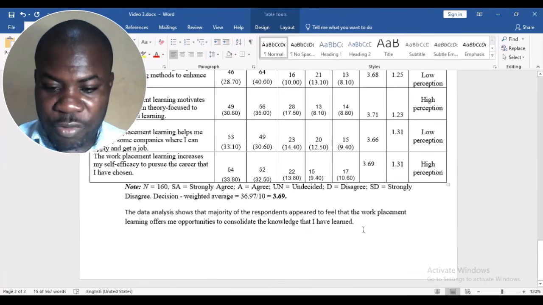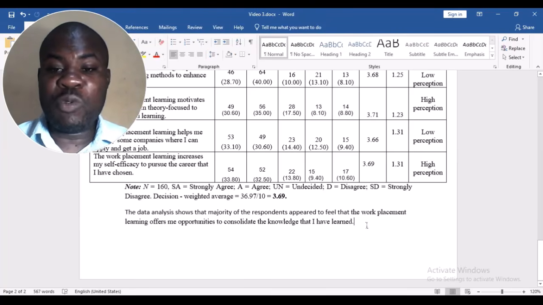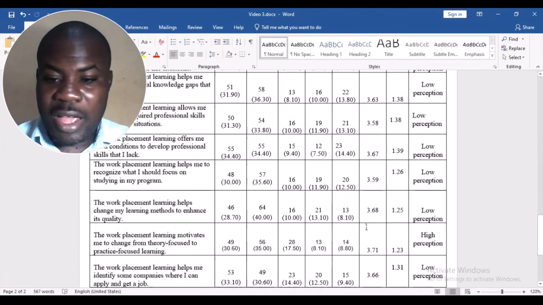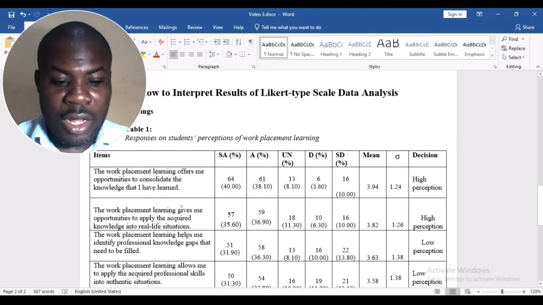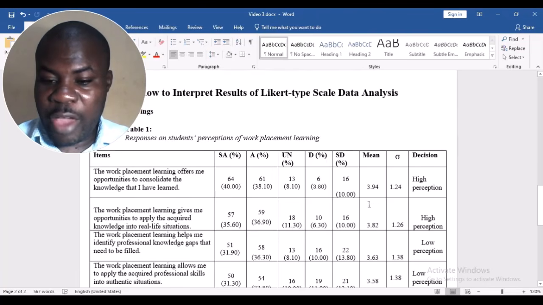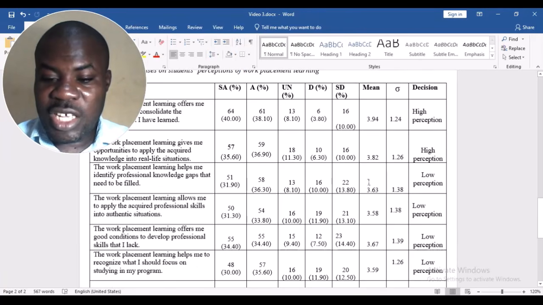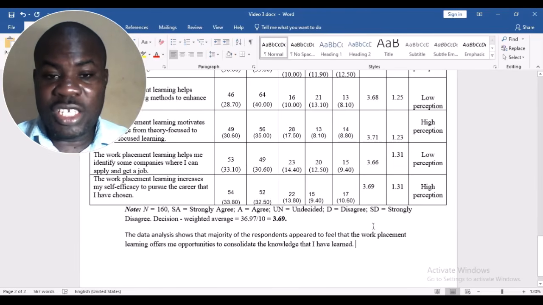Write up the interpretation of this result, because in a couple of papers, people will just come and say, well, our result is positive because the mean of this is 3.91, 3.82, 3.63, which is bigger than the mean cutoff of 2.5, and because of that, the result is positive.